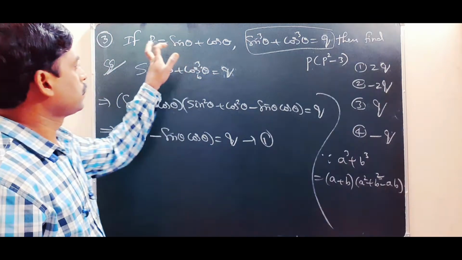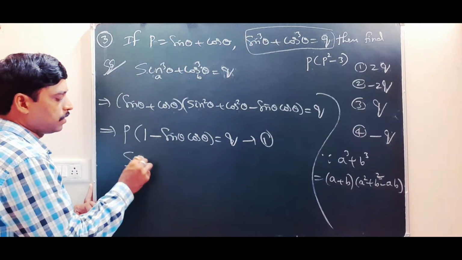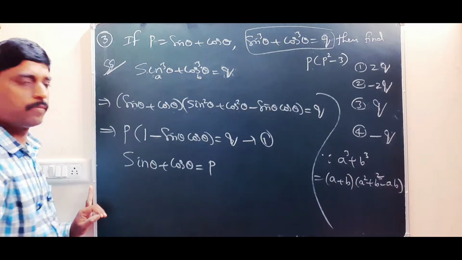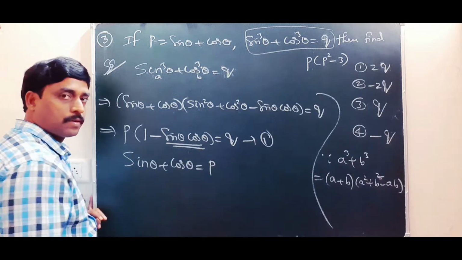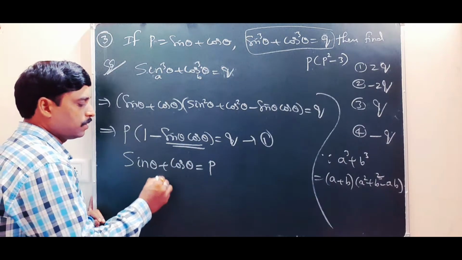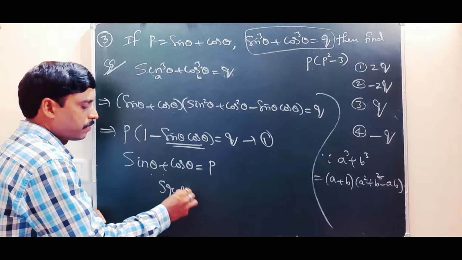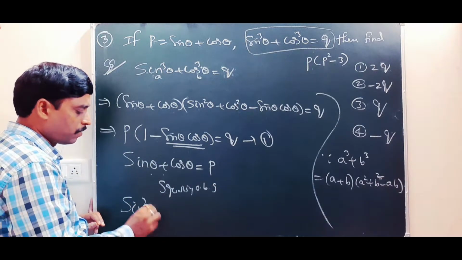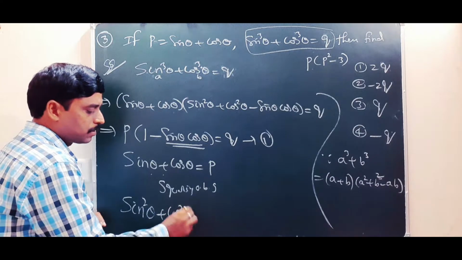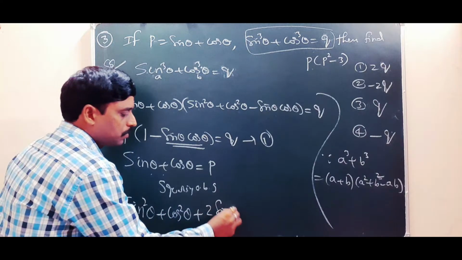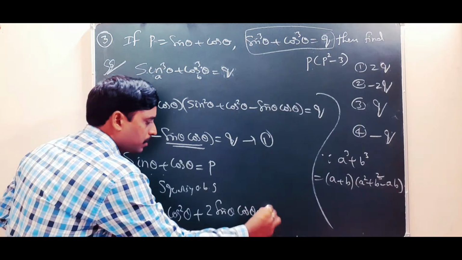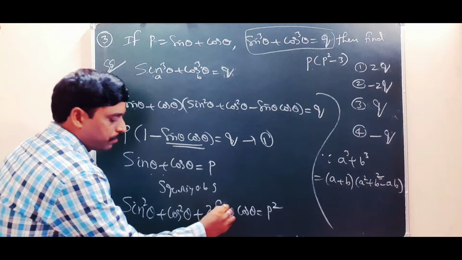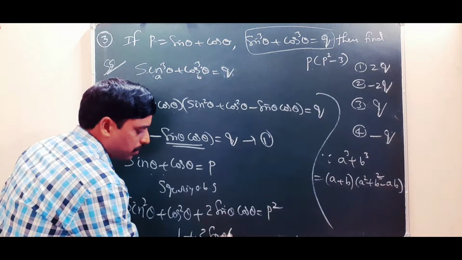So one more condition is given: p value is given, sin theta plus cos theta is equal to p. First we have to find sin theta into cos theta. Okay, now squaring on both sides. It is going to be, by the a plus b whole square formula, sin square theta plus cos square theta plus 2 sin theta into cos theta equal to p square. Sin square theta plus cos square theta value 1, plus 2 sin theta cos theta equal to p square.